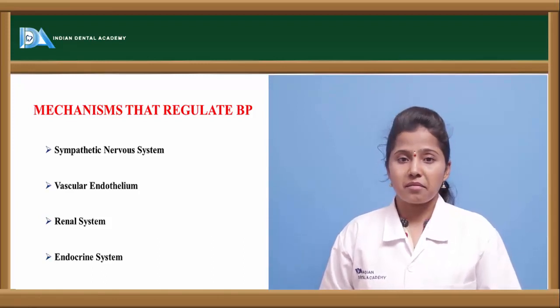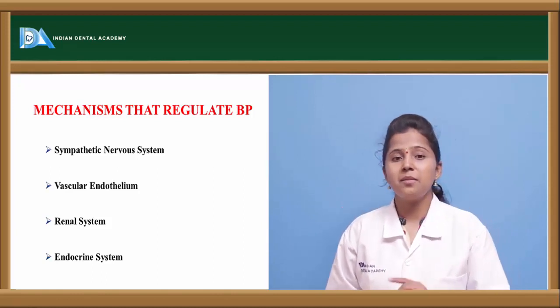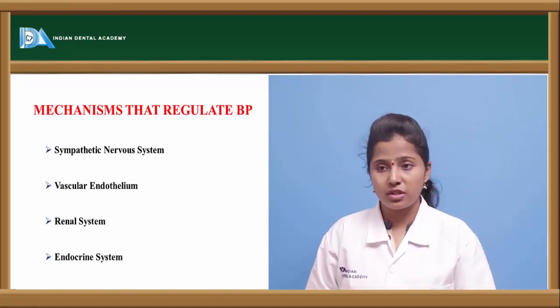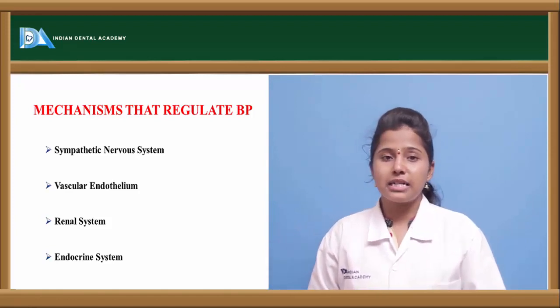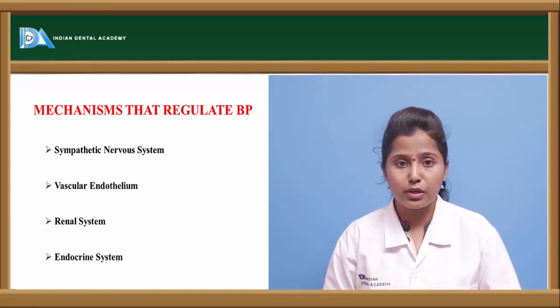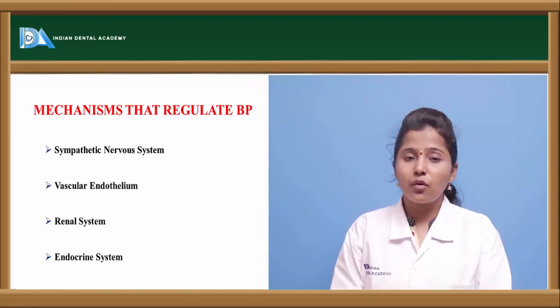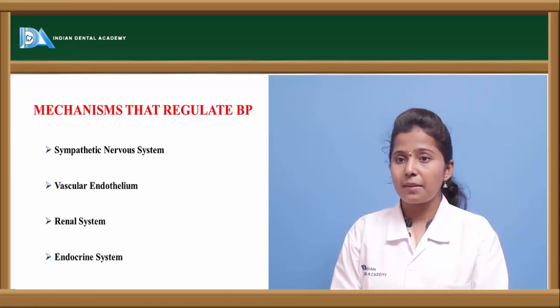And the renal system, because if there are any disturbances in the renal system, then there will definitely be an increase or decrease, or there may be fluctuations in the blood pressure. And the endocrine system, that is hormonal levels. If there are any fluctuations in the hormonal levels also, there may be fluctuations in the BP. So these are a few of the mechanisms by which blood pressure can be regulated.